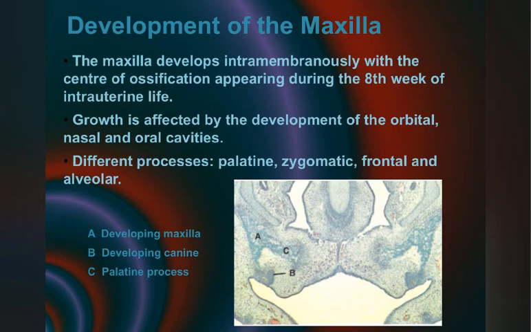Growth is affected by the development of the orbital, nasal, and oral cavities. The cavities that are close to the maxilla are orbital, nasal, and oral cavities. And when these cavities grow, the maxilla should allow them to grow.